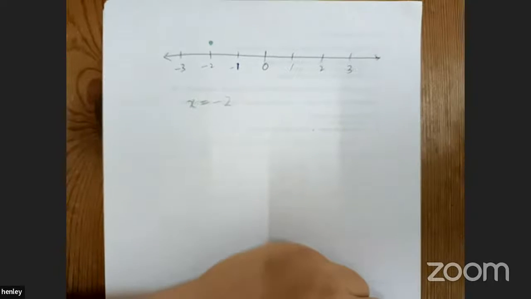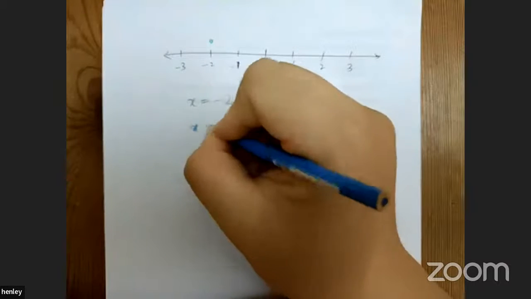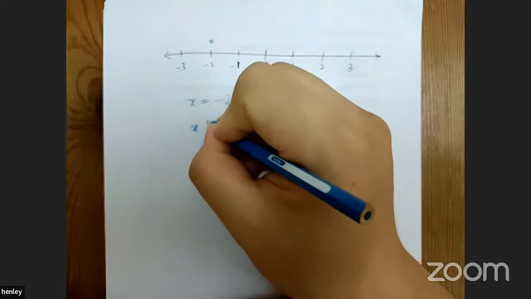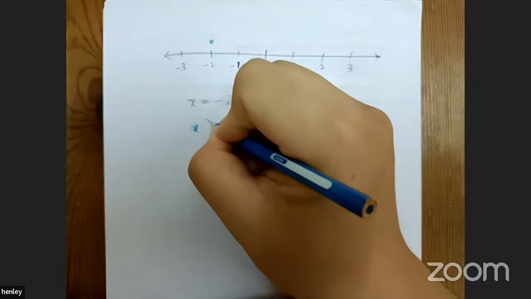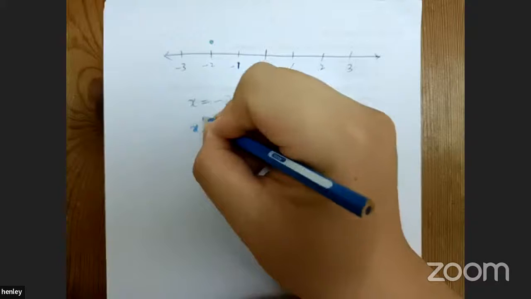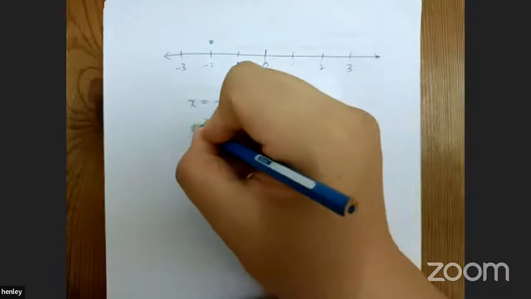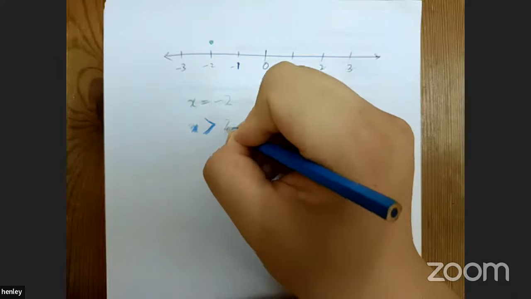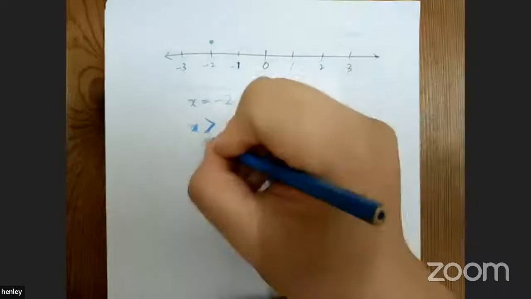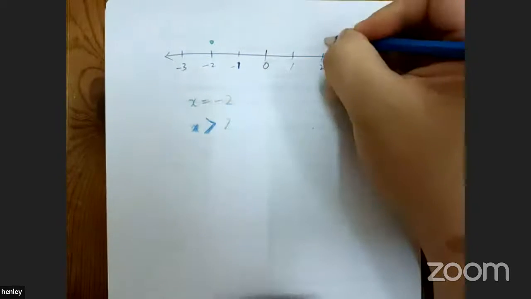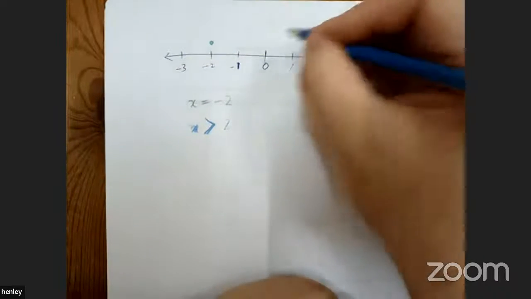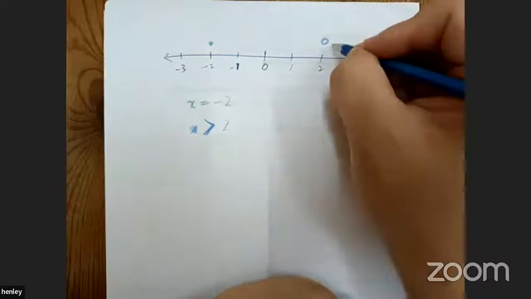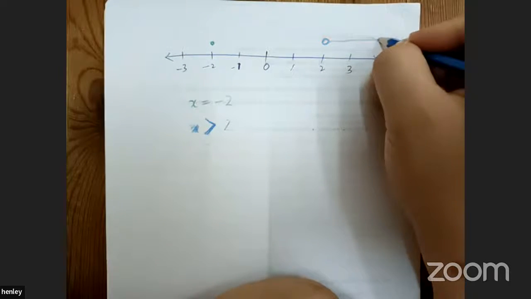So if I say x must be larger than 2, without the equal, it should be the open one. It's a circle, not a dot. So it should be more than 2.